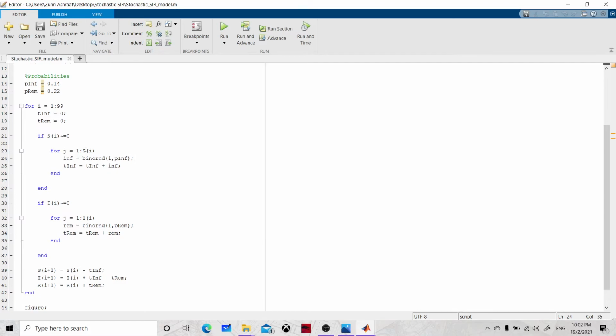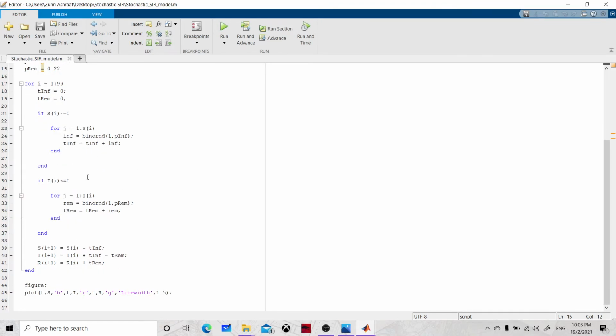So let's say that the current susceptible individual is infected, therefore it will return 1, and we will update the TINF, the total infected, equals to the previous total infected plus infected, which is 1 if the current individual is infected. And it will repeat for every individual, because like I said before, the probabilities that we are using, the PINF and the PREM, are for each individual.